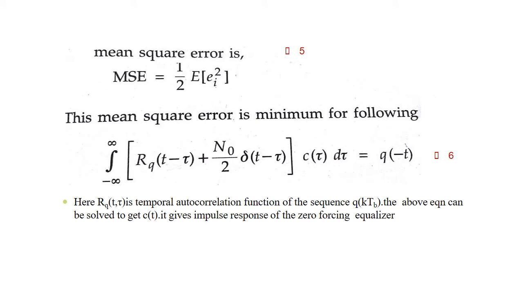This mean square error is minimum for the following: integral minus infinity to infinity r q of t minus tau plus n naught by 2 into delta of t minus tau, times c of tau d tau, is equal to q of minus t. Here r q of t comma tau is the temporal autocorrelation function of the sequence q of k t b. So the above equations can be solved to get c of t. It will give the impulse response of the zero forcing equalizer.